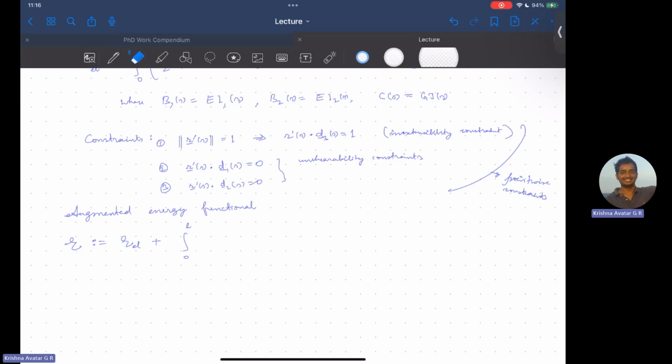We can call it N1 of S and then R prime of S dot D1 of S. And the second one is N2 of S, R prime of S dot D2 of S. And the third constraint, since constraints always have to be put in the form G equal to 0, will be written as R prime of S dot D3 of S minus 1, ds.